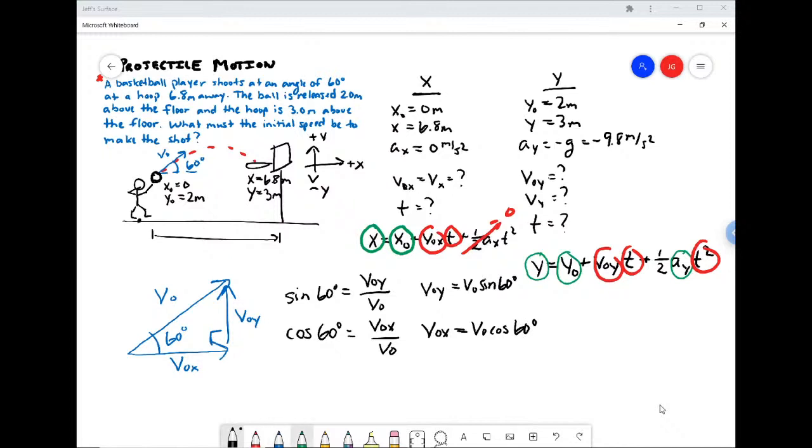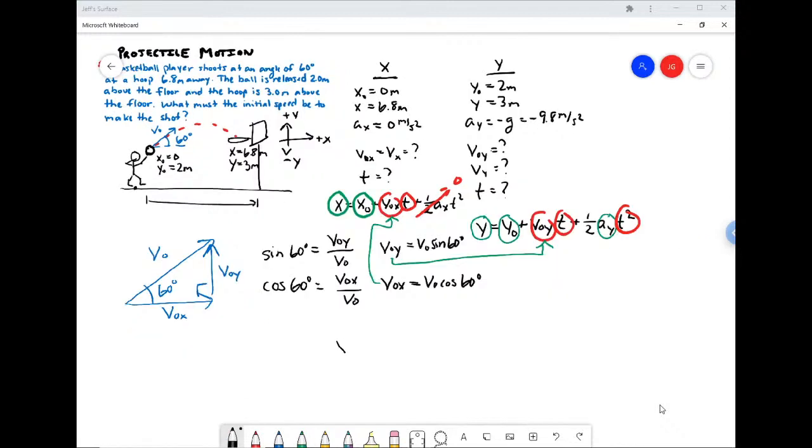And then let's take these expressions and substitute them in the appropriate place and see what that gives us. x equals x naught, and actually, let's just get rid of x naught because it's 0. And we get x equals v naught x, let's write it as v naught cosine of 60 degrees times time.